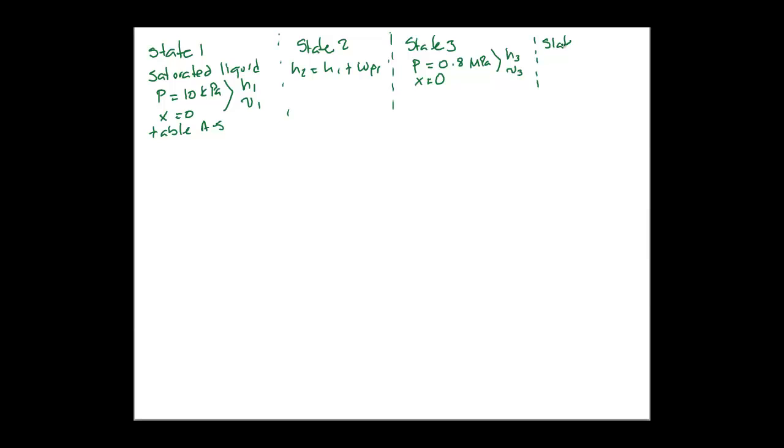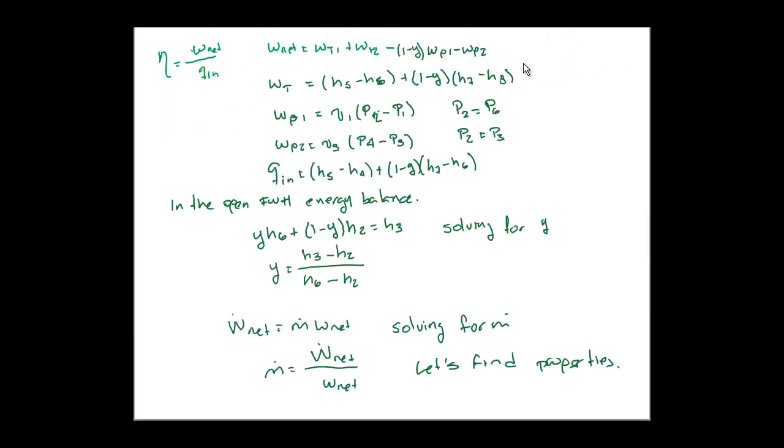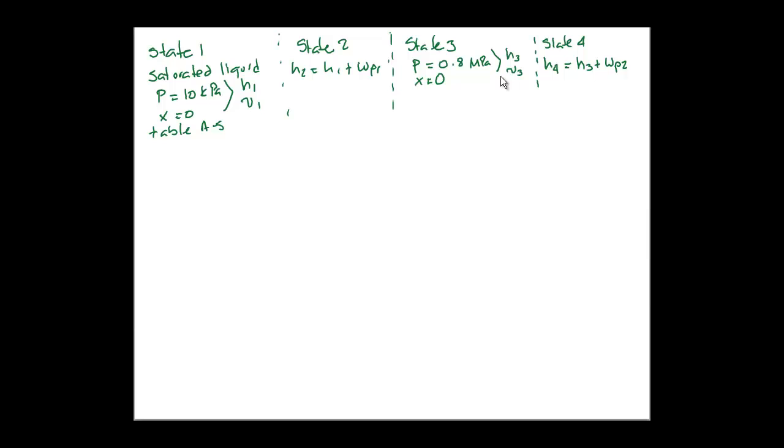State 4, we know H4 equals H3 plus work of pump 2. We notice that work of pump 2 we can get with V3 times the pressure difference. That is why we get V3. So we are halfway.